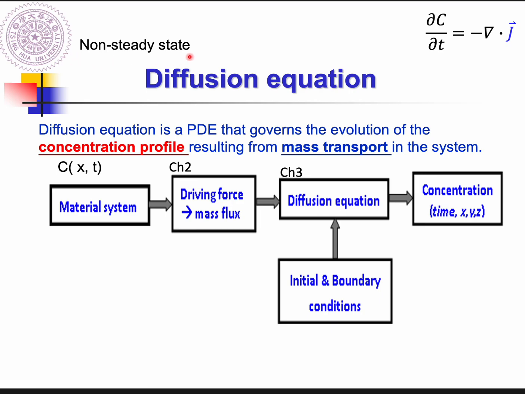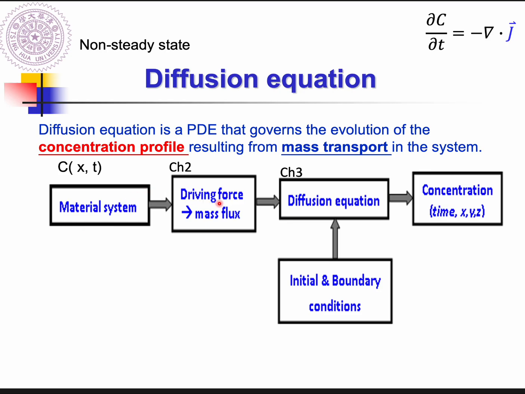For the non-steady state, how can we get the concentration profile as a function of time and location? What's the non-steady state? It means there's a driving force and partial c partial t is not equal to 0, right? First of all, we need to identify what kind of material system we're dealing with.